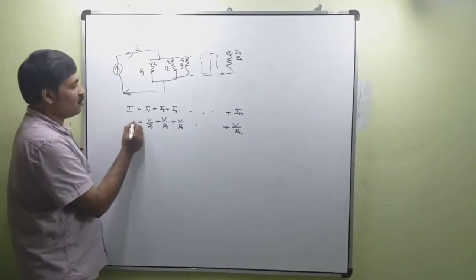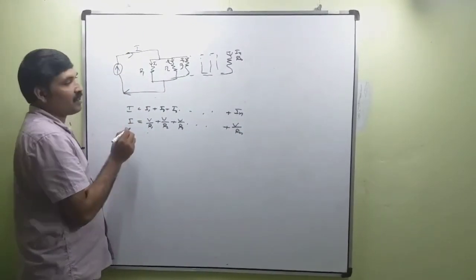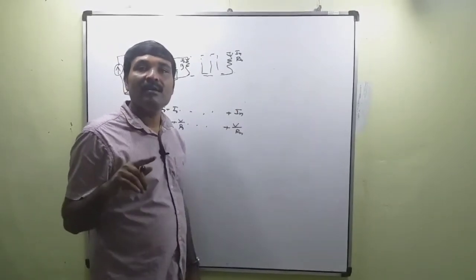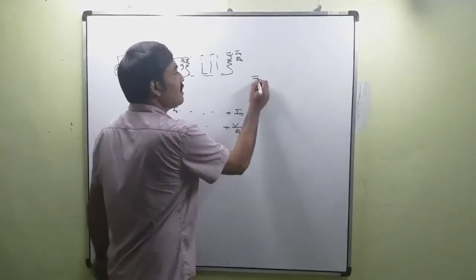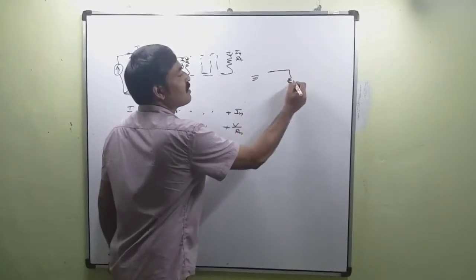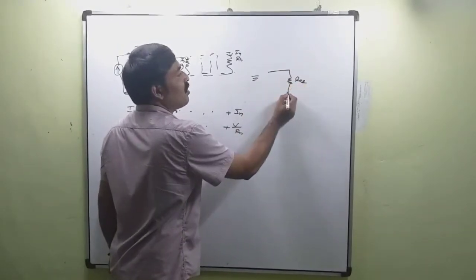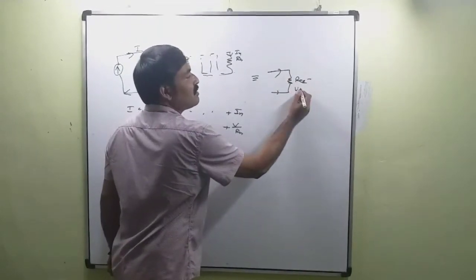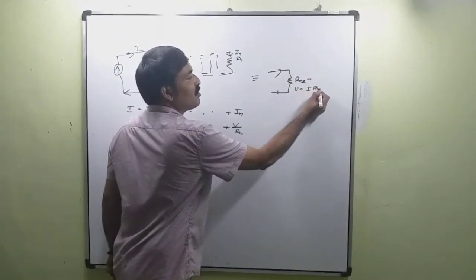Now suppose this is replaced by an equivalent resistance having value R equivalent, a single resistance. Then V is equal to I into R equivalent.